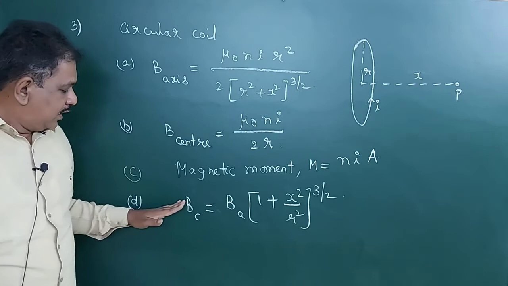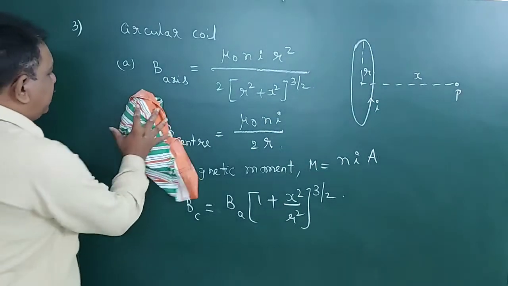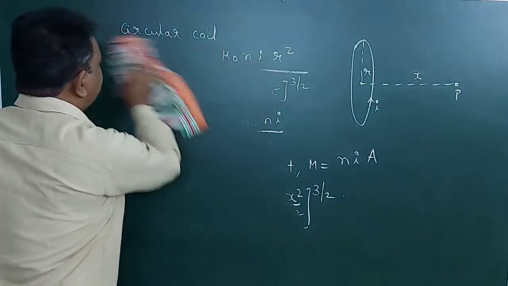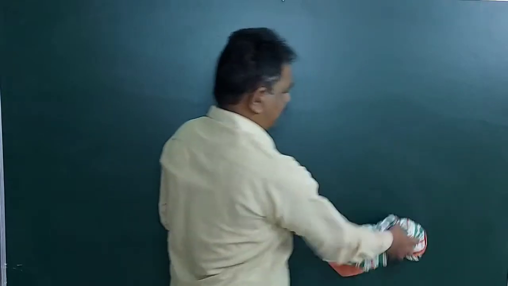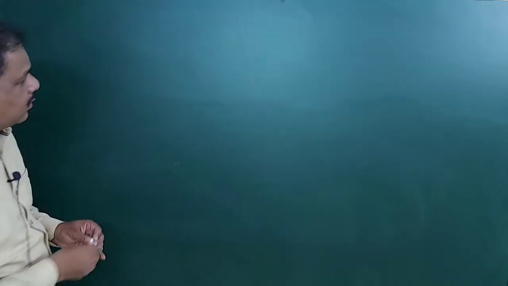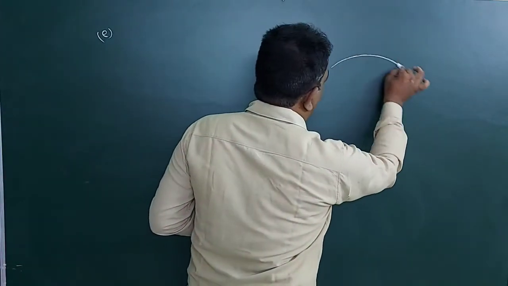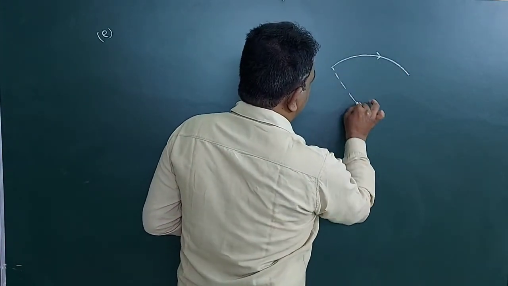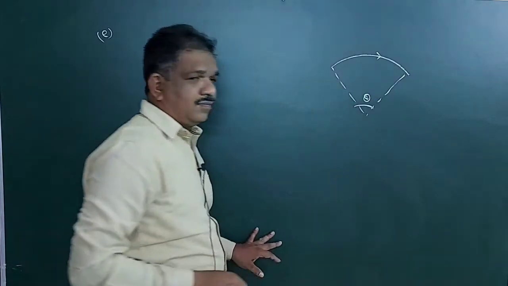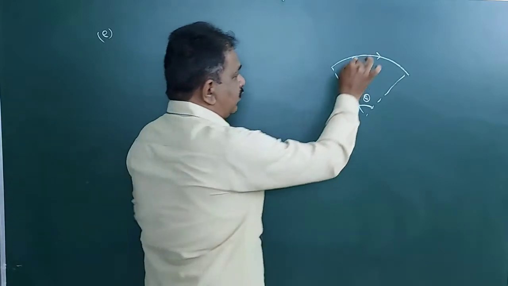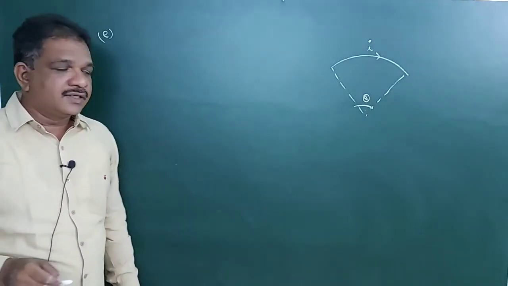Okay. Next, one more application will be there. If it is not a completely circular coil, one circular arc is there. Here there is a circular arc. The circular arc makes an angle theta at the center. Because of this circular arc, what is the magnetic induction at the center?